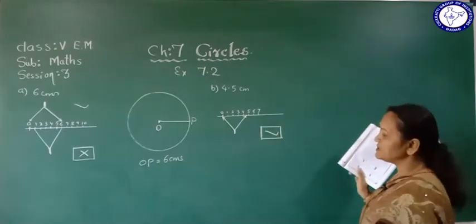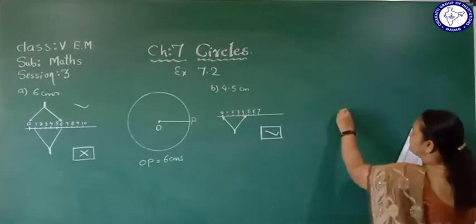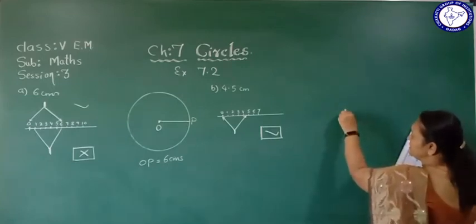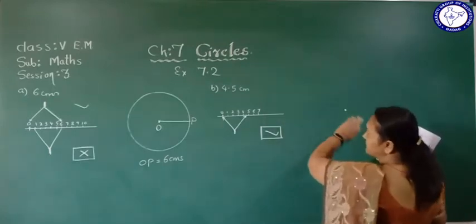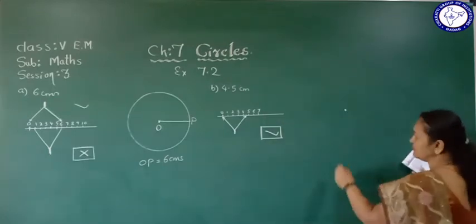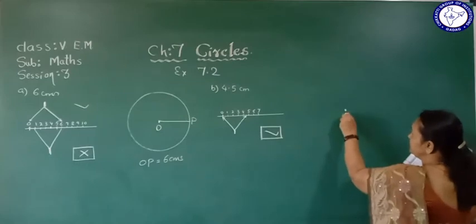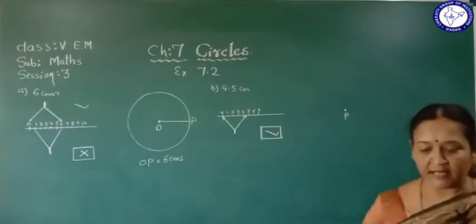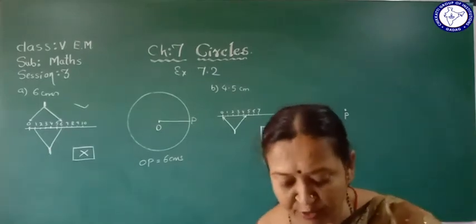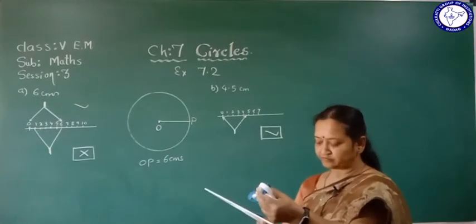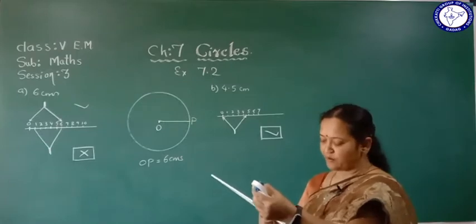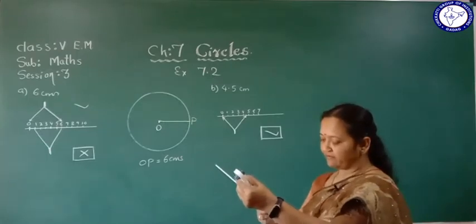Now we have to construct a circle of 4.5 centimeter. If it is wrong, then again we should do correction and then draw a circle. But this is correct. So here let me mark a point P. Then measure 4.5 on the compass, from 0 to 4.5.